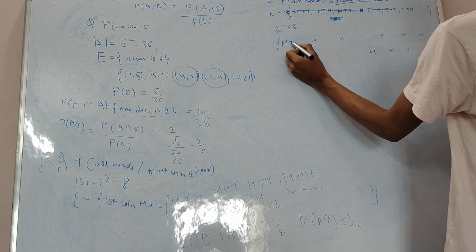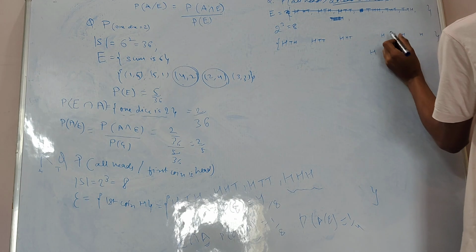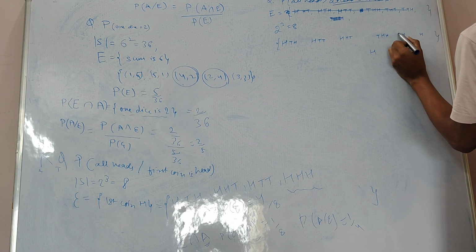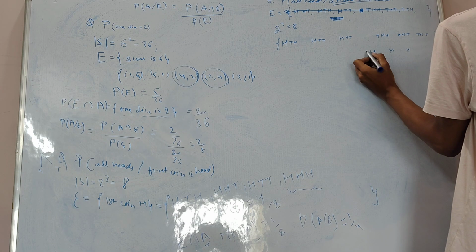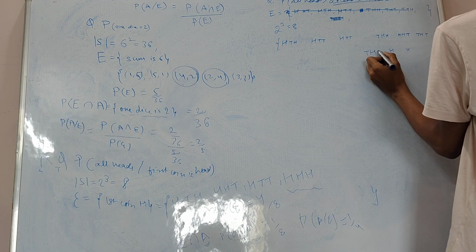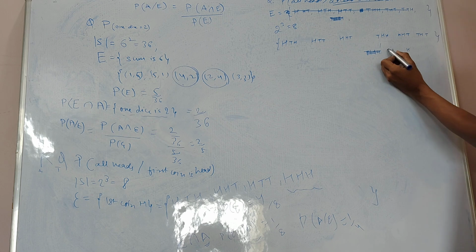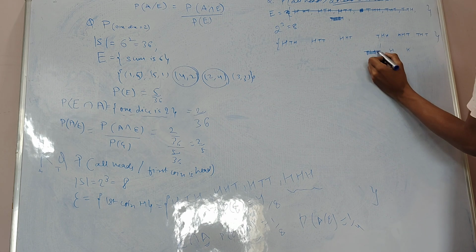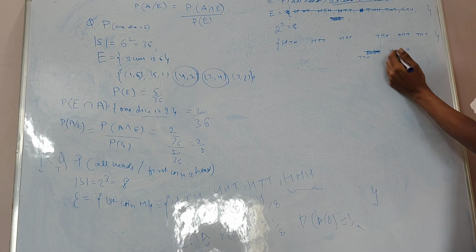So this will be tail head or tail tail or head tail, right? Then this will be tail head or head tail or tail tail. This will be tail, head, and these are matching, so I will not consider this one. Sorry, this will be tail, tail, head, right?